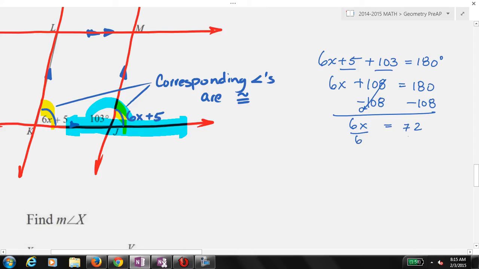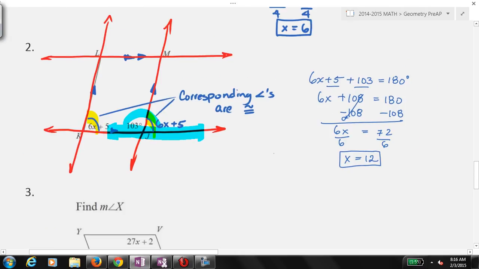Divide by 6, divide by 6, x is equal to 12. Okay. And this one they were looking for x. Alright, so that was consecutive. Consecutive were right next to each other, which if I just use my properties of parallel lines cut by a transversal, I can figure out this theorem without actually having to memorize those theorems.